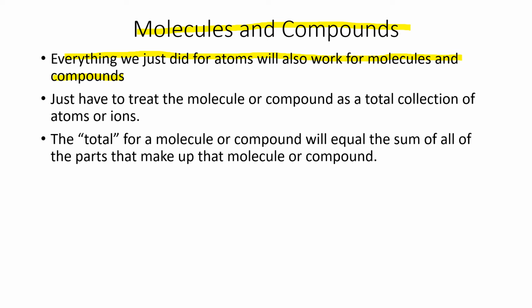The only thing we have to do is treat our molecule or our compound as just a total collection of atoms or ions. When we think about it in that way, the total for a molecule or compound will just equal the sum of all of the parts that make up that molecule or compound. So we're going to do some examples dealing with this next.